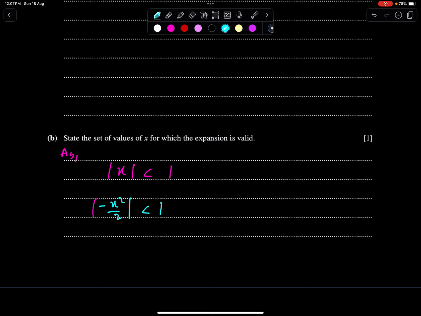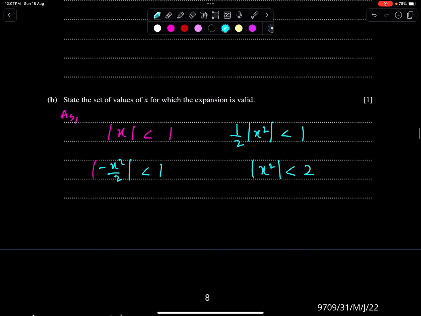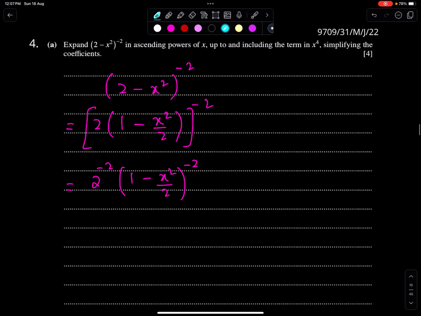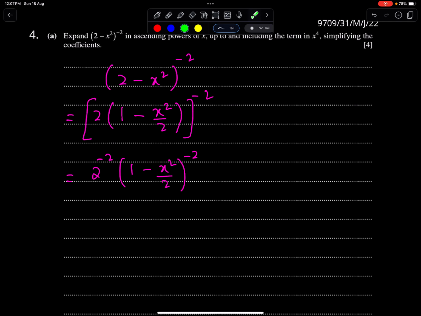And solve this inequality for modulus x. So we have x square upon 2 less than 1. Then we have x square less than 2. And finally we have modulus x less than under root 2. So for these values of x, this expansion is valid.